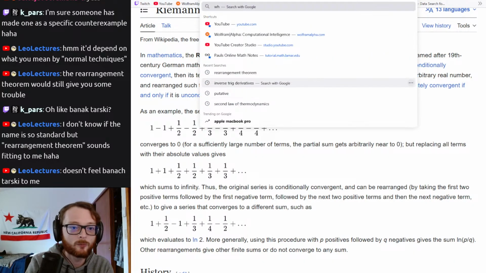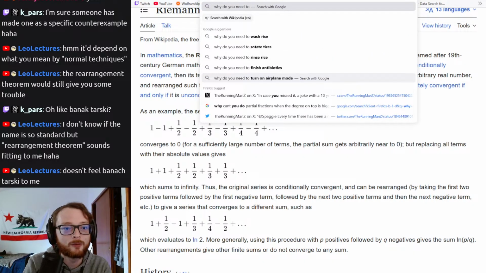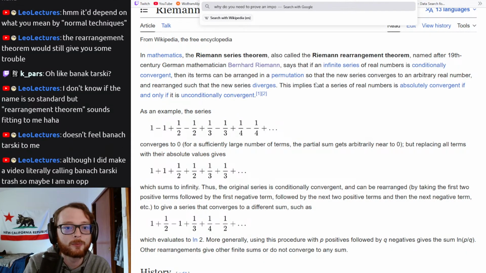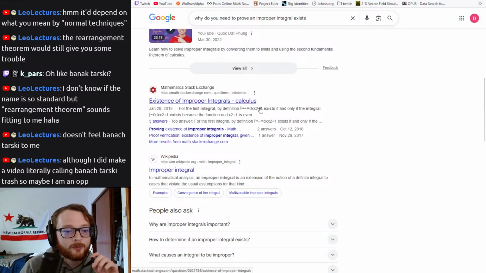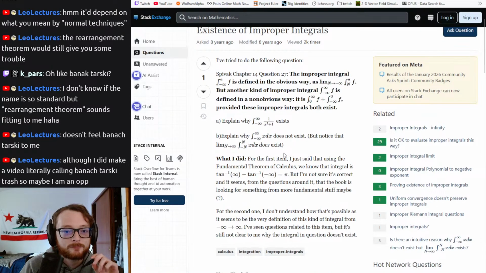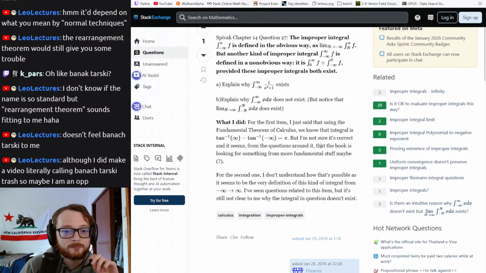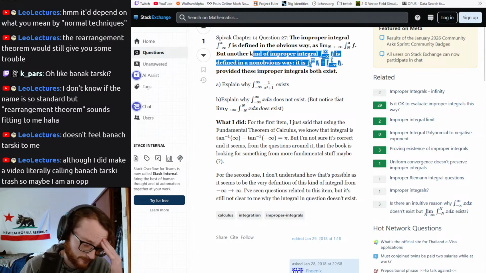Okay, you know what? Why do you need to prove an improper integral exists? Hopefully there's a Stack Exchange thread on this. Oh, maybe it's like the principal value type of issue.